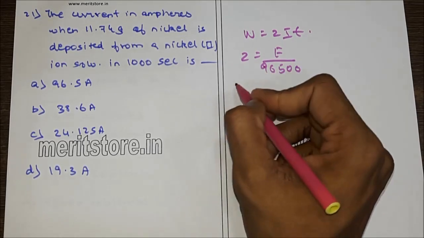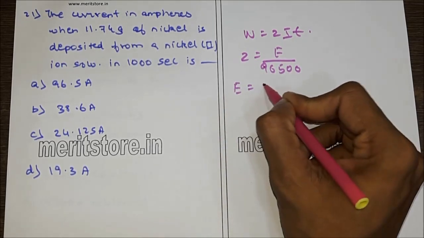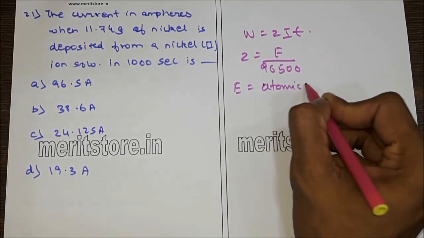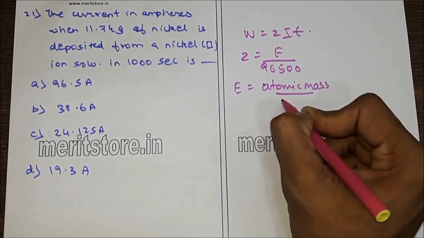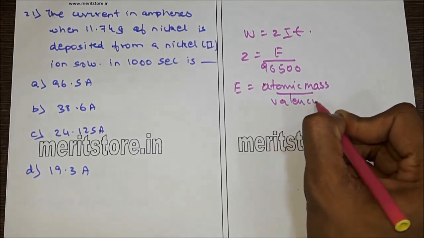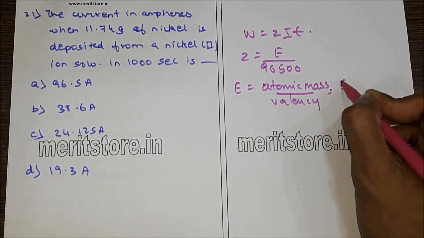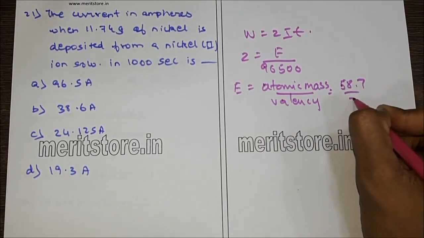For E, we find E is equal to atomic mass upon valency, which is equal to 58.7/2.